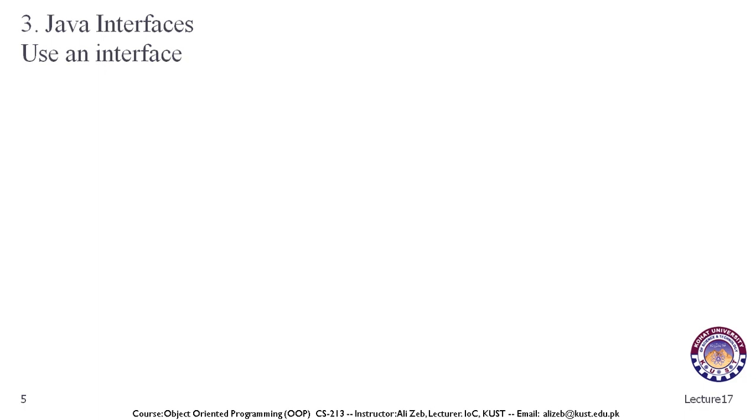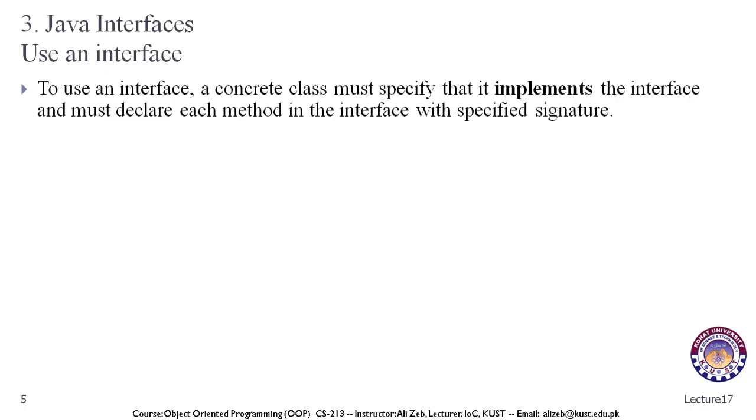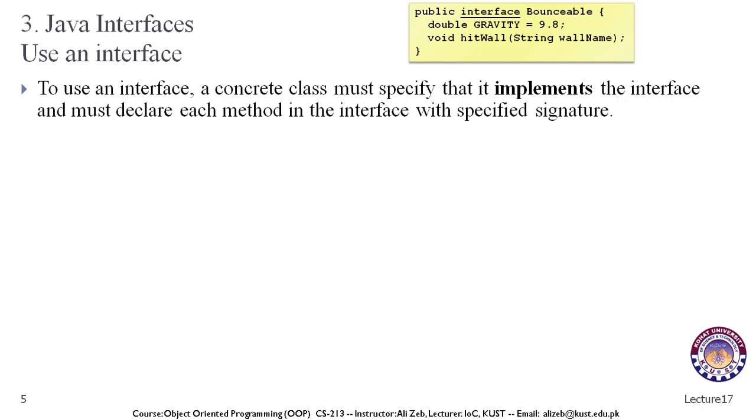In order to use an interface, a concrete class must specify that it implements the interface and must declare each method in the interface with specified signature. For example, we have an interface Bounceable that has a variable and a method.